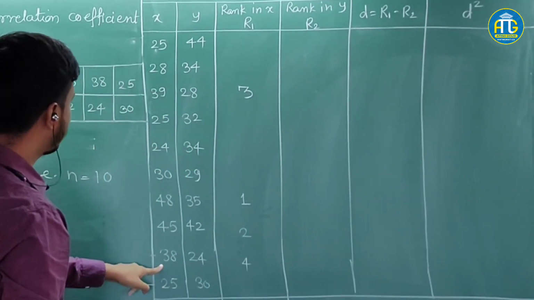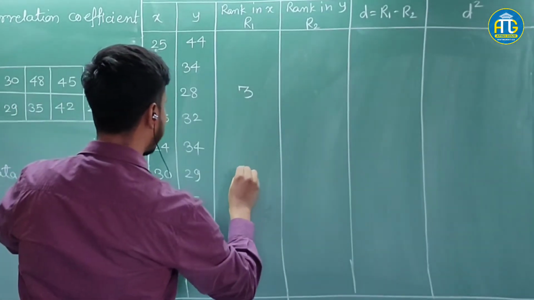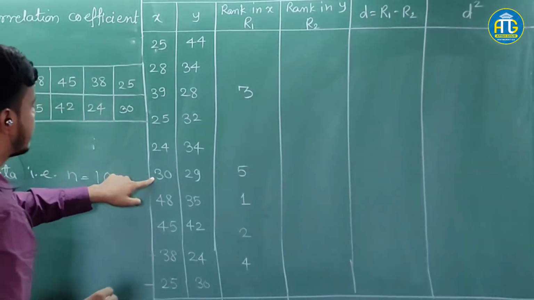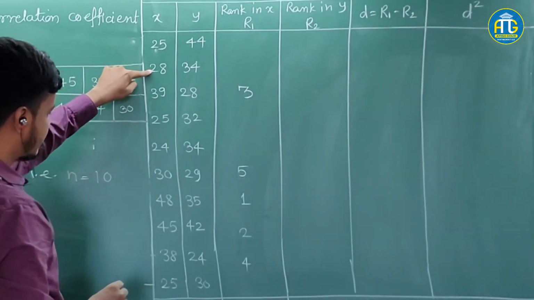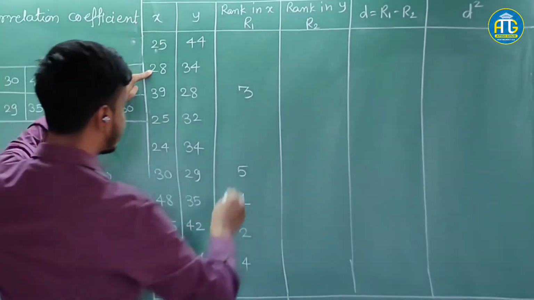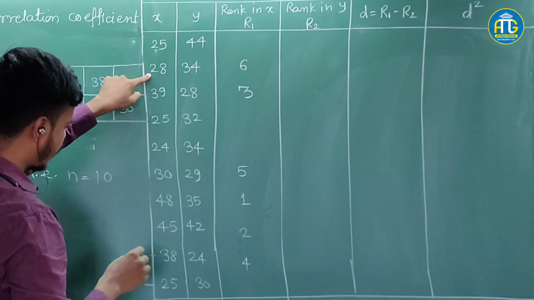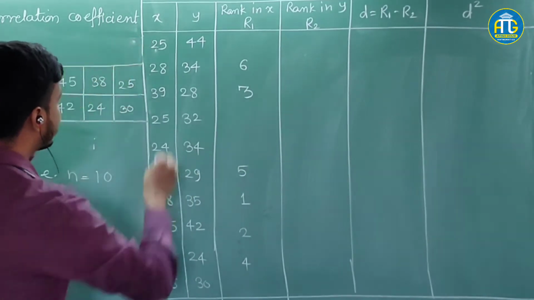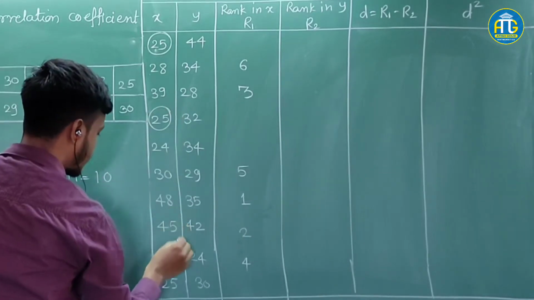After 38, we have 30, so it will get rank 5. And then after 30, we have 28, so it will get rank 6. After 28, we have 25.